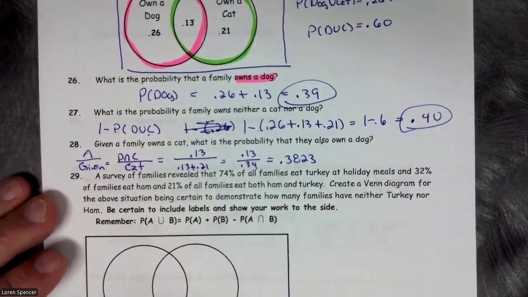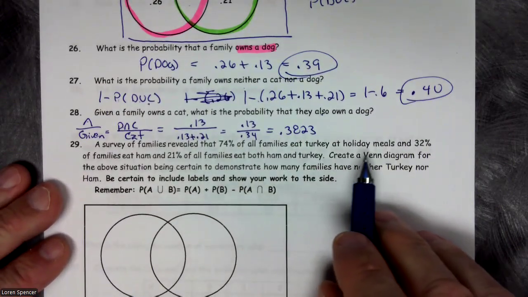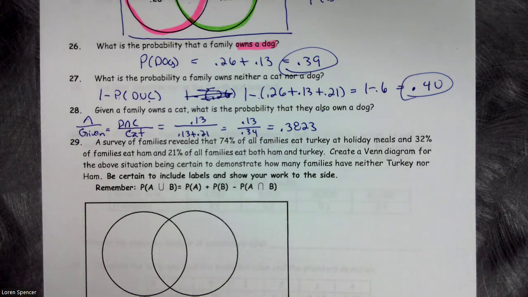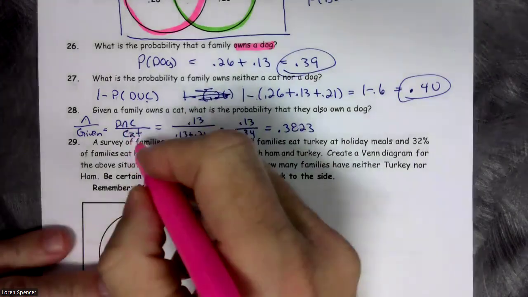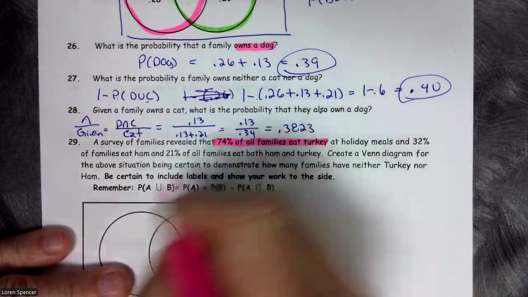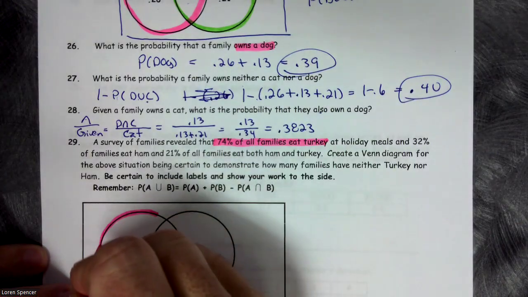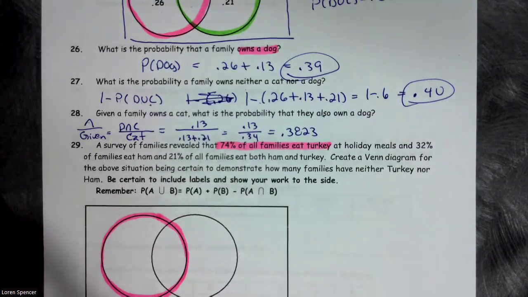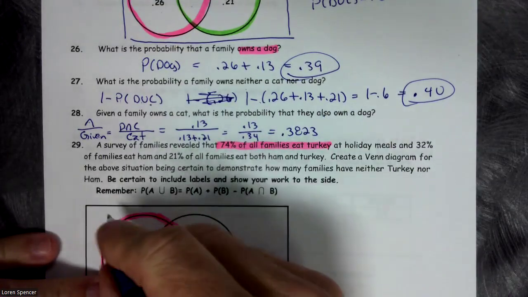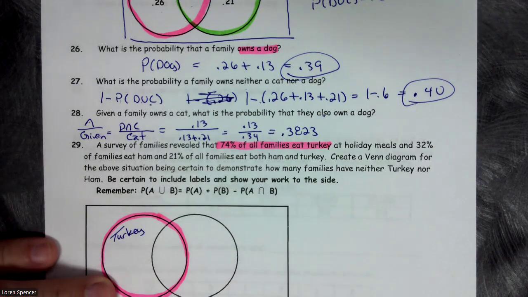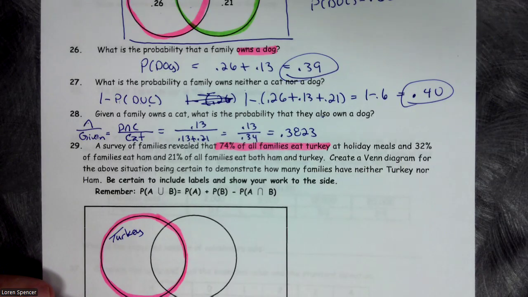A survey of families revealed 74% of all families eat turkey at holiday meals, and 32% of the families eat ham. So let's start at 74% eat turkey. And 32% of the families eat ham.